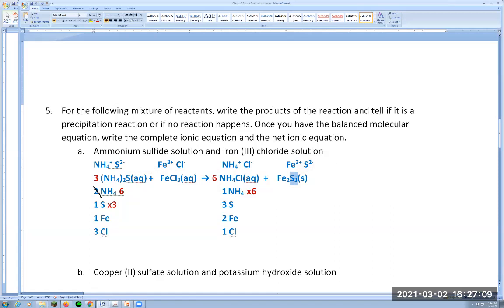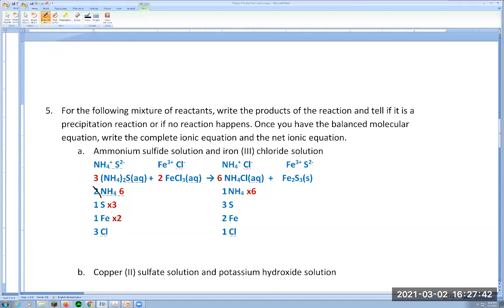So now iron, we have 2 iron on the right and only 1 on the left. So let's make it 2 on the left. And so this coefficient will go in front of FeCl3 to make it 2 iron on the left. So that balances the iron. And now let's check chlorine. It's not 3 anymore here.